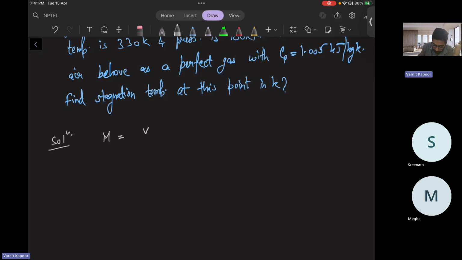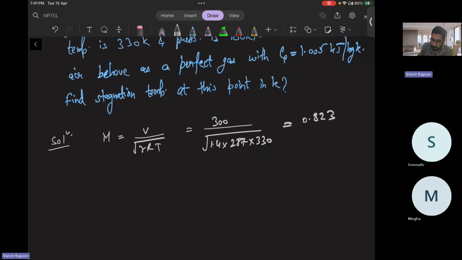So V by, and the speed of sound in a medium is root of gamma R T. V is given to you as 300. Gamma is for adiabatic, so 1.4. R is 0.287, or 287. And temperature is given as 330. From here, it comes out to be 0.823 Mach number.